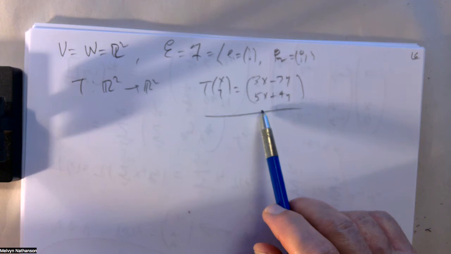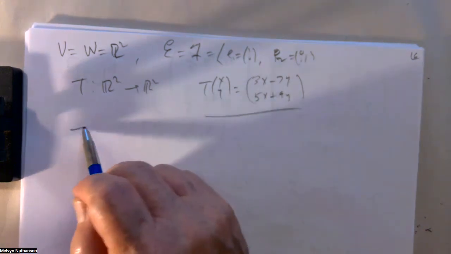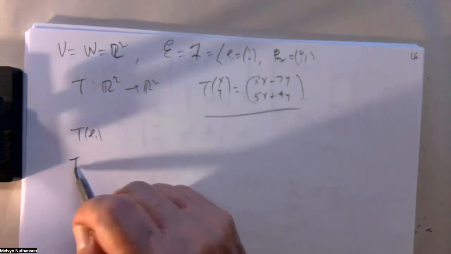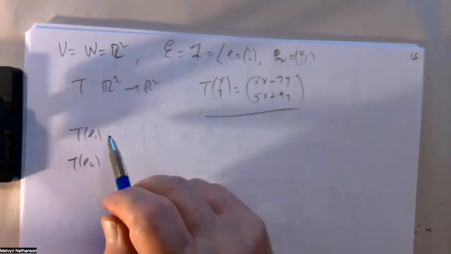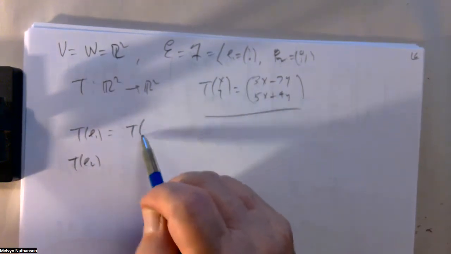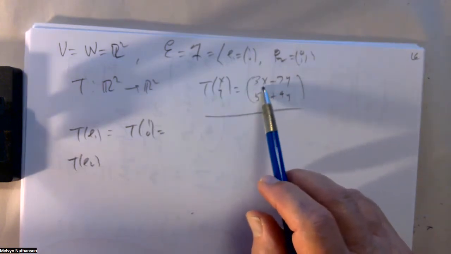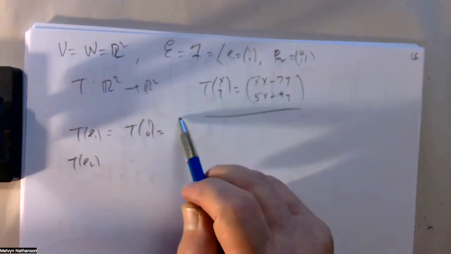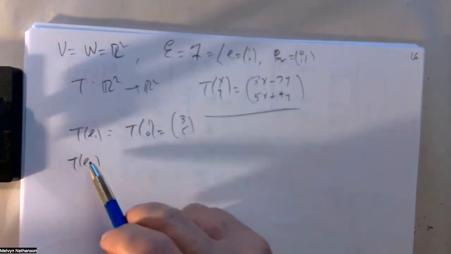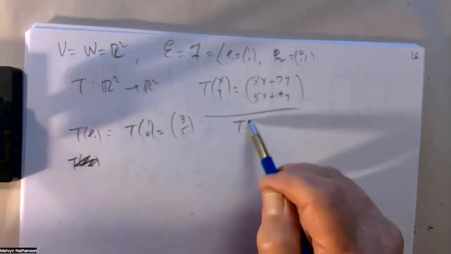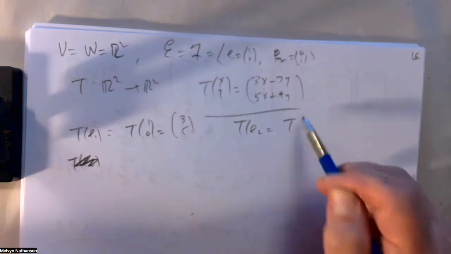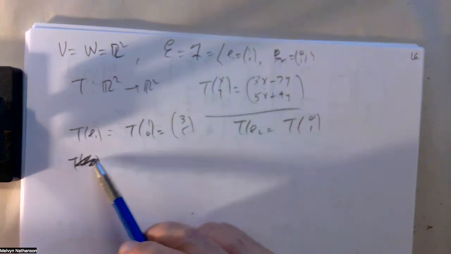With respect to the basis, I have to compute T of E1 and T of E2. T of E1 is T applied to the vector (1, 0). When you apply this to the vector (1, 0), you get (3, 5). T of E2 is T applied to the vector (0, 1).